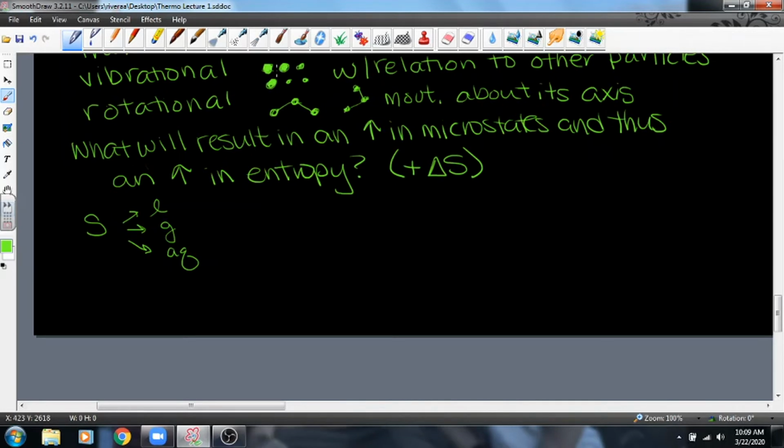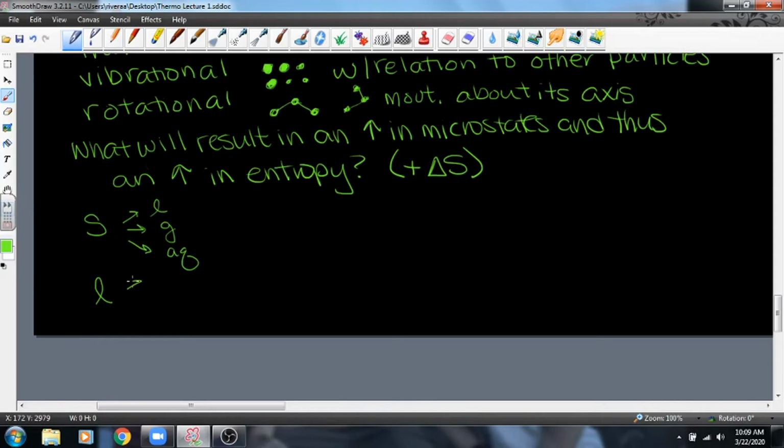But if we were to overcome those intermolecular forces and spread those molecules out into a gaseous state, now this particle could be next to this particle because they can all move around. So solids becoming liquids, becoming gases, becoming aqueous, are all going to increase entropy.